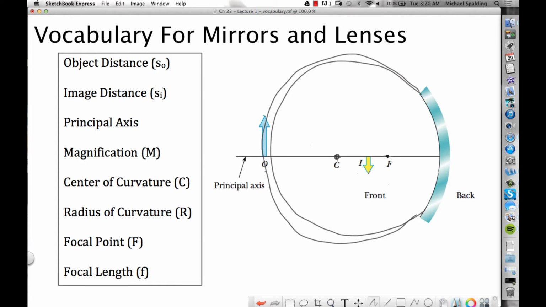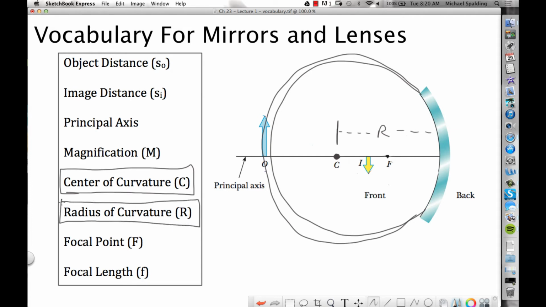Well, close enough. This center is referred to as the center of curvature for a spherical mirror. Now, would this circle have a radius? Yes, it would. That radius is called the radius of curvature, indicated with a capital R.